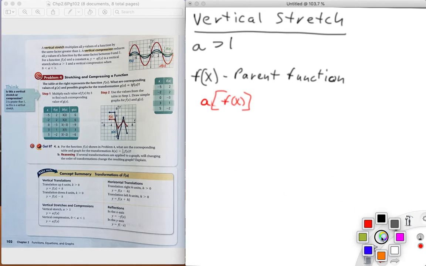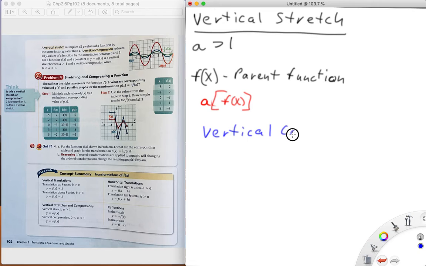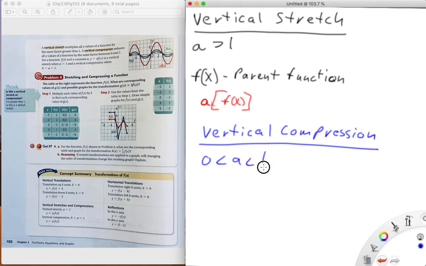We have a vertical compression. When we have a vertical compression, our a is going to be between 0 and 1. So it's going to be a decimal or a fraction.